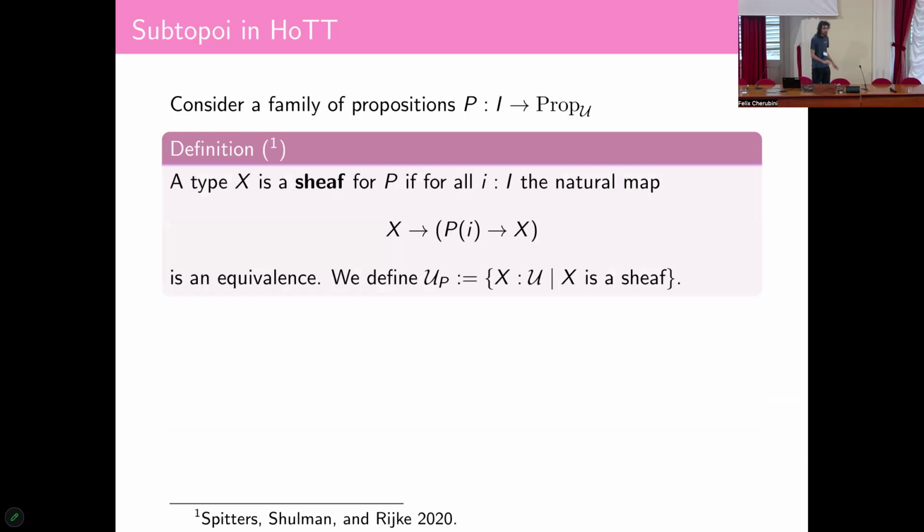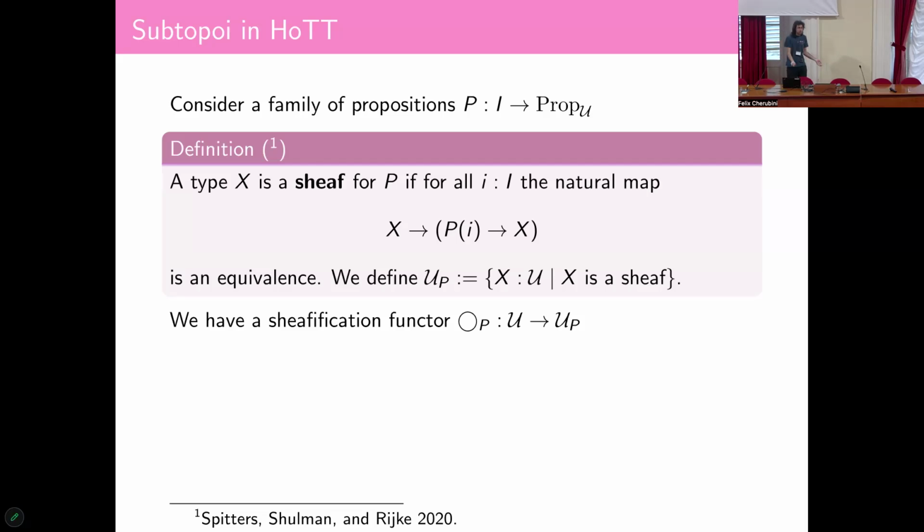Okay, so let's recall what sheaves look like inside. Given a family of propositions, a type is a sheaf for that topology, the sort of internalization of a topology, if it believes all of those propositions are true. That means that to specify a point of X, it's enough to do it assuming one of the propositions is true.